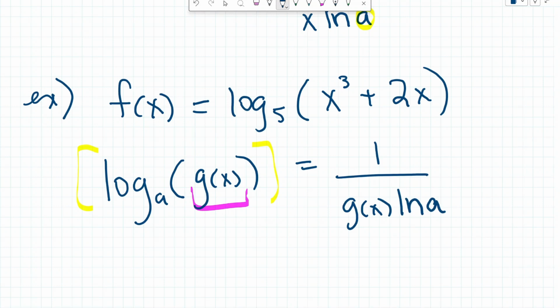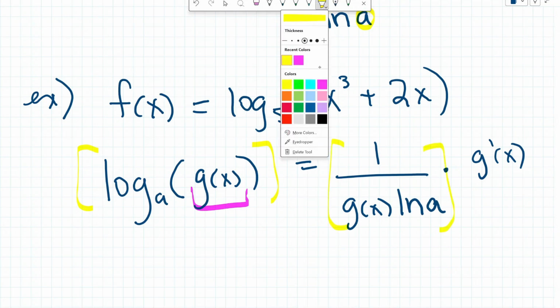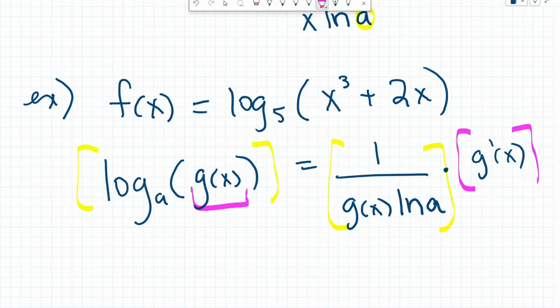That is the derivative of our outside, and then we multiply by the derivative of our inside, which is g prime of x. Again, we're using the change of base to get the derivative of our outside, which is this first part, and then using the chain rule, we multiply it by the derivative of our inside function. You can go ahead and memorize this formula or go through the steps of how to derive it.